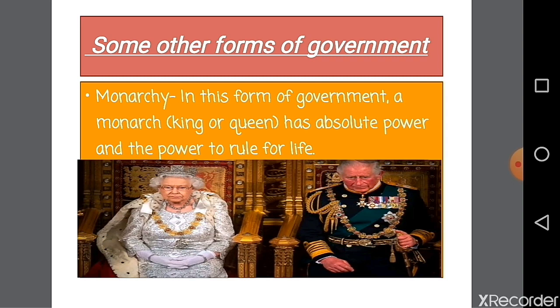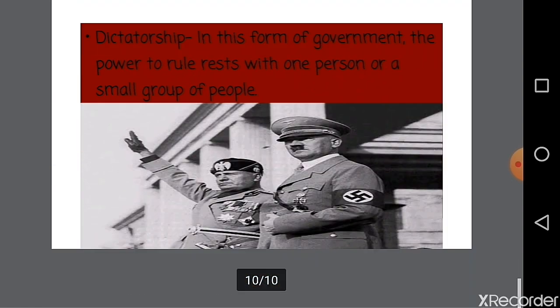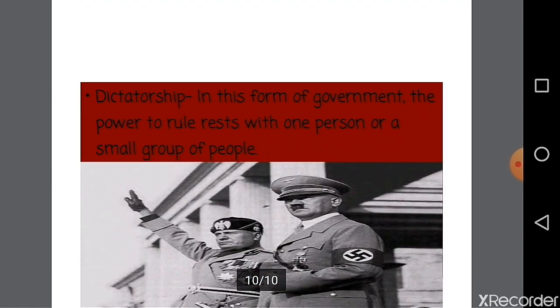Now we will talk about the next thing, that is dictatorship. Dictatorship, what is it? It is a one-man show. Yes, I can say it in one line that it is a one-man show. In this form of government, all the power of a country rests in one hand, or sometimes a group of people.